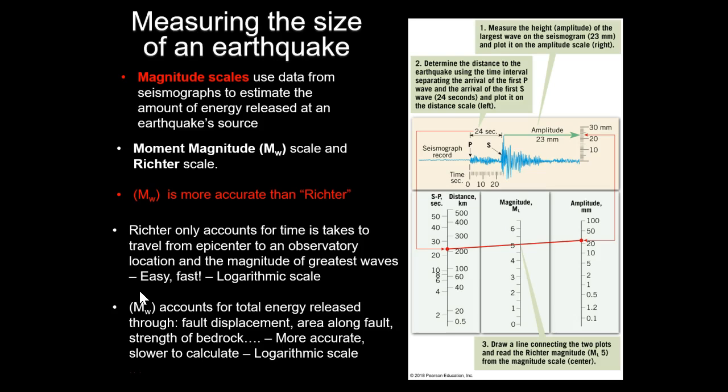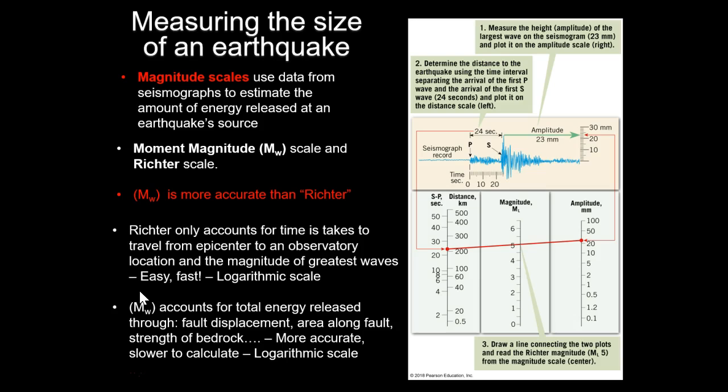However, the Richter scale is not very appropriate for describing very large earthquakes. For example, the 1906 San Francisco earthquake and the 1964 Alaska earthquake have roughly the same Richter magnitude.